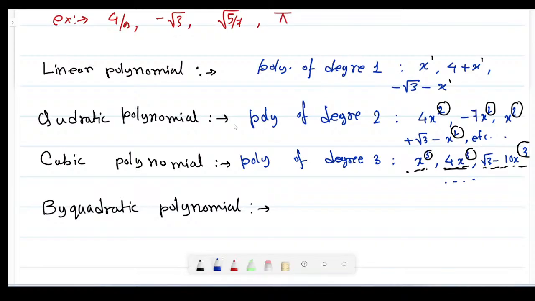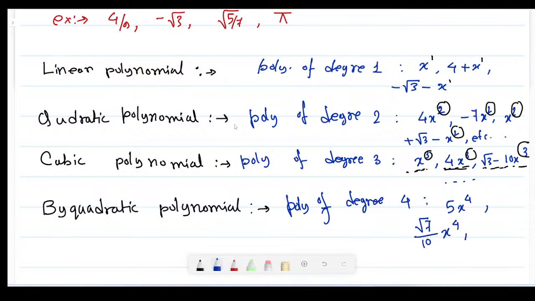And biquadratic polynomial means the polynomial of degree 4, like it may be 5x to the power 4, it may be root over 7 by 10x to the power 4, it may be 9 minus 11x to the power 4.